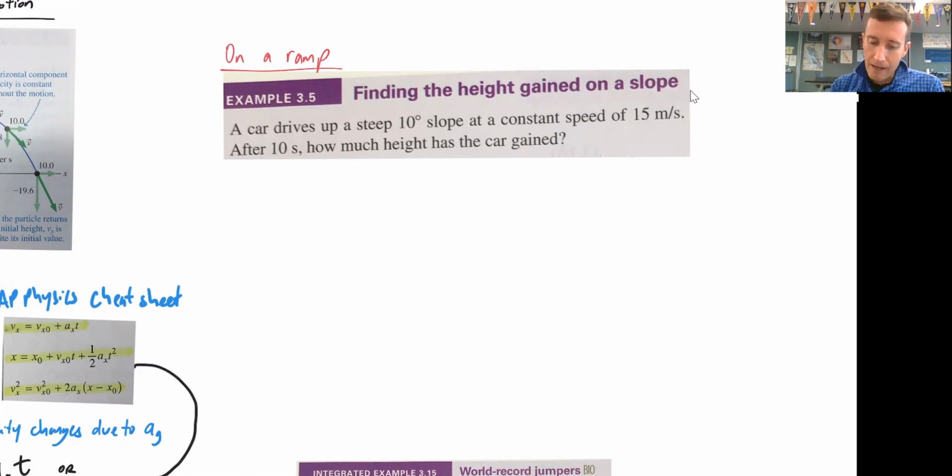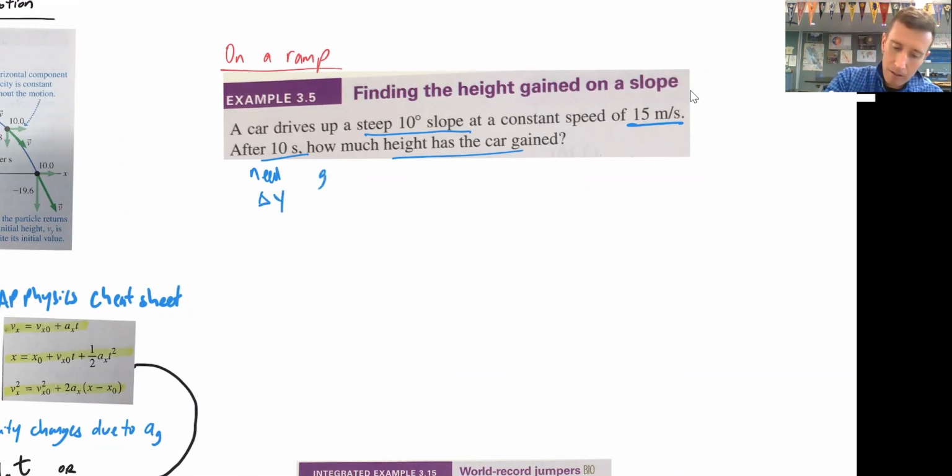A car drives up a steep 10-degree slope at a constant speed of 15 meters per second. After 10 seconds, how much height has the car gained? Okay, so I'm going to start with my change of y, right? I need my height gained.